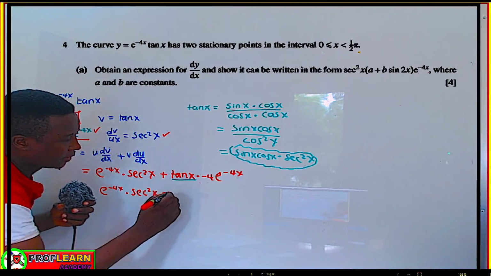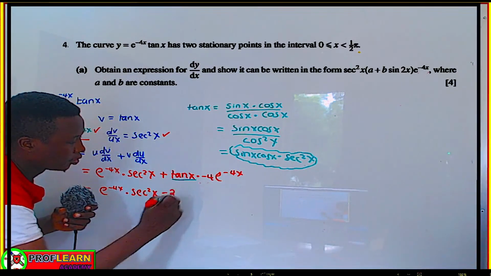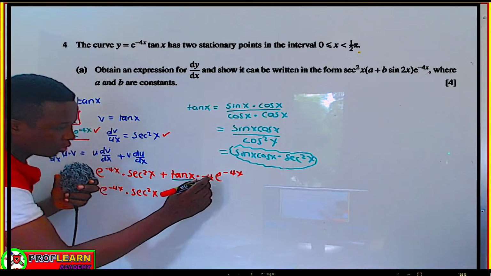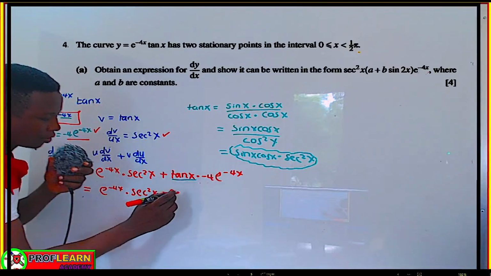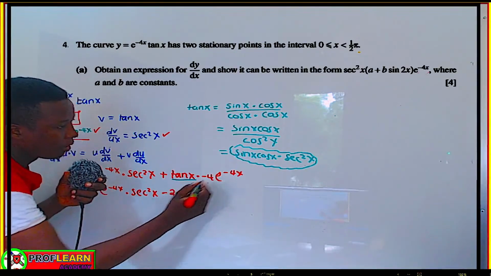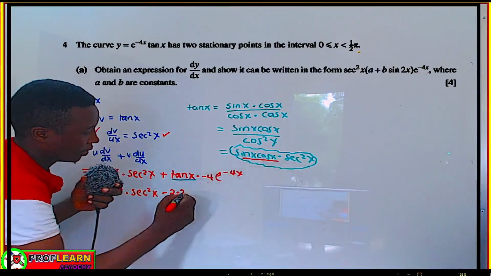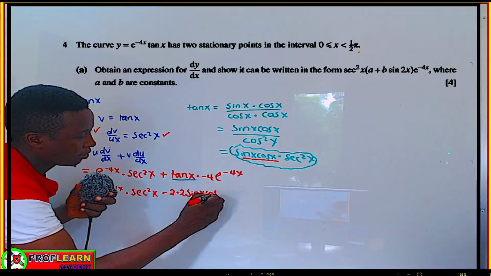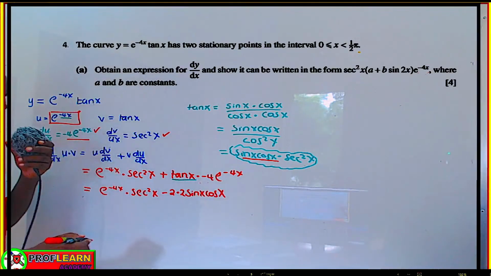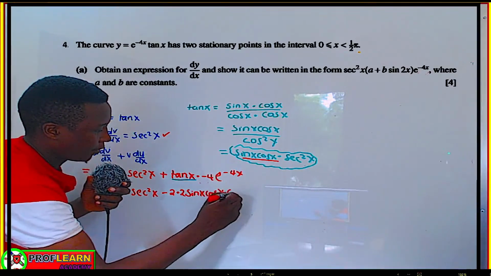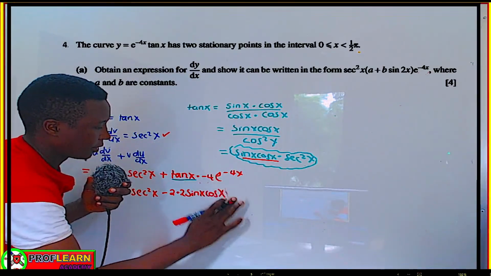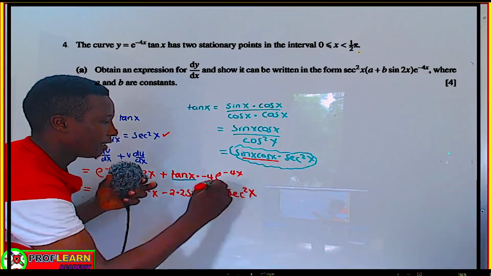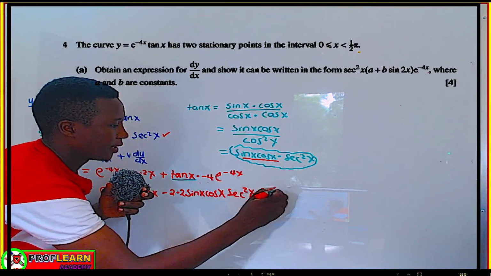Then this will be minus 2 times, because we are having 4 here, I'm going to say it's 2 times 2, but I need now to write that sine x cos x. Then I have sine x cos x, then sec squared x, then my exponent negative 4x.